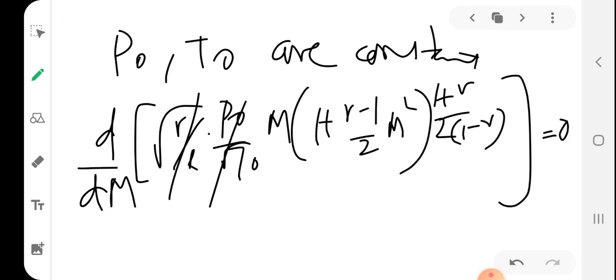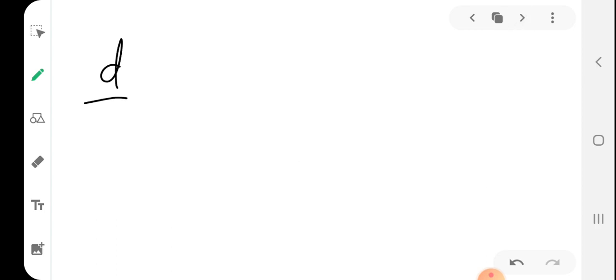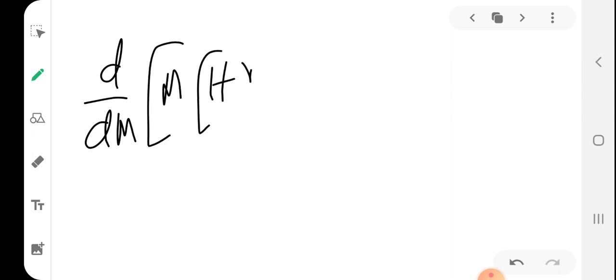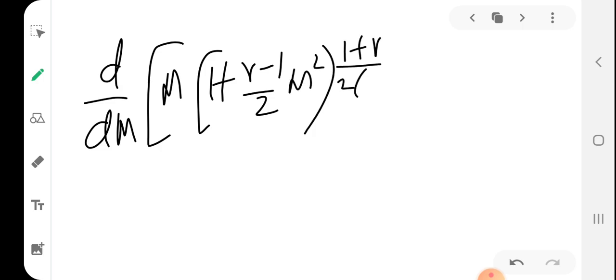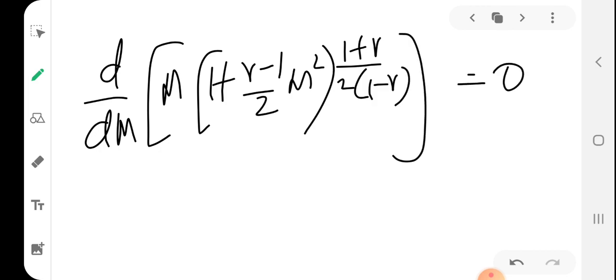Since all these terms are constants and since we are equating with 0, you don't need to take these values. So it will be d by dM of Mach into 1 plus gamma minus 1 by 2 Mach square raised to 1 plus gamma by 2 into 1 minus gamma, equal to 0.